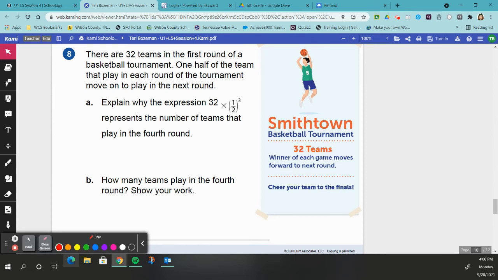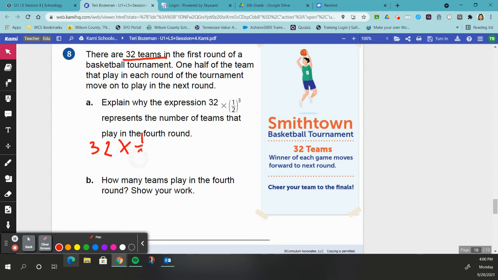So what all that means is we start off with 32 teams. The first round is 32 teams. For every round after that, 1/2 of the teams can play. So round 1 is 32 teams.